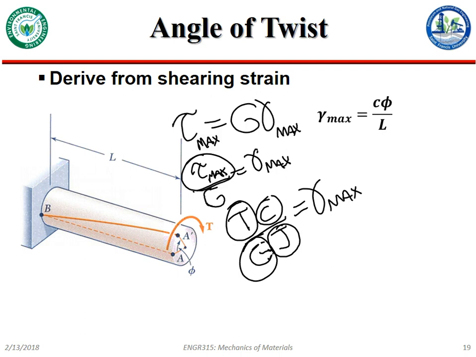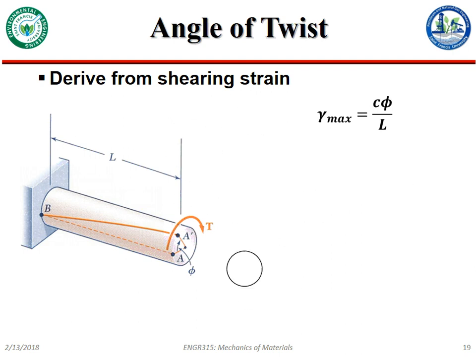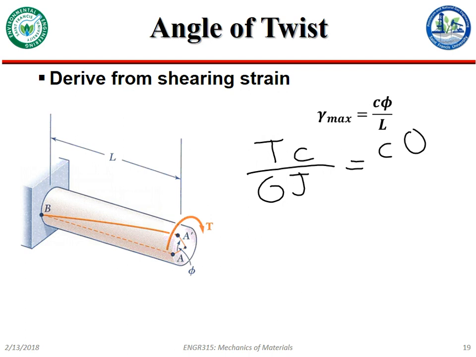We can use that. So let's rewrite: TC over GJ. If I substitute that into here, I get TC over GJ equals CP over L. Remember, I'm solving for that guy.